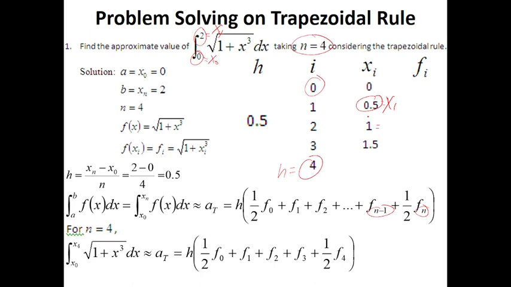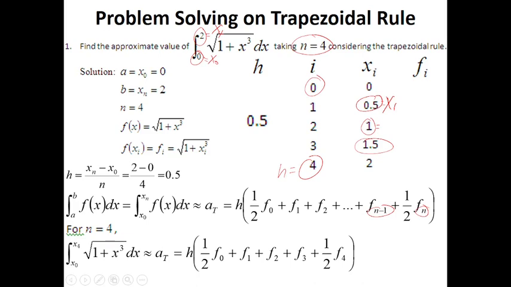This is now x sub 2. So 1 is equal to x sub 2. Then 1 plus 0.5 is 1.5. So that is now x sub 3. Then 1.5 plus 0.5, that is 2.